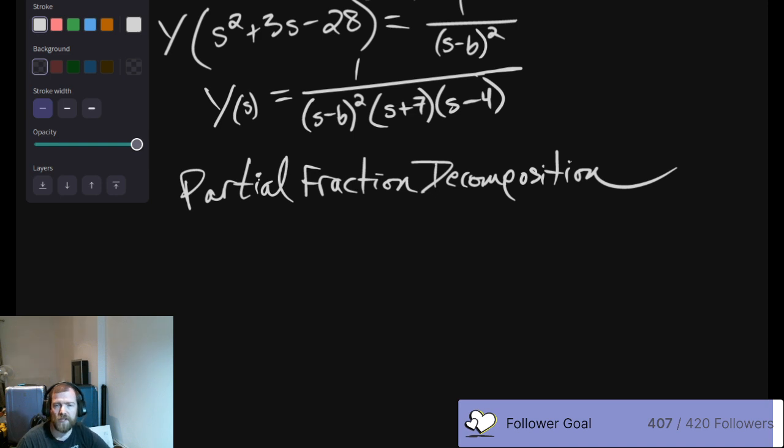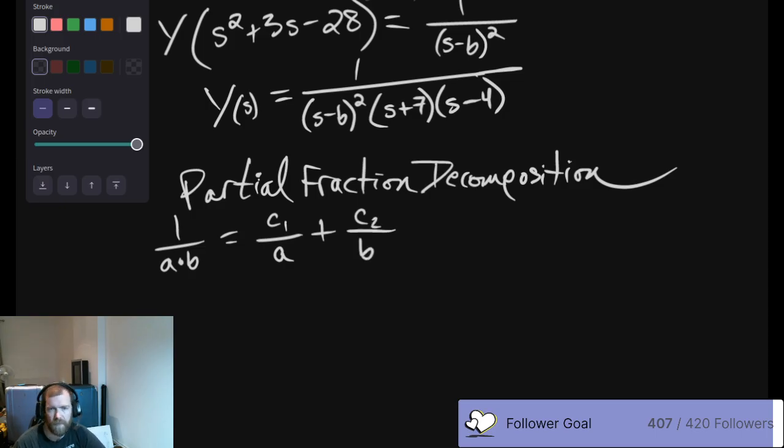So with partial fraction decomposition, what we're going to do is say, okay, if we have something that is 1 over a times b, we're going to get something that is a constant, let's do c1 divided by the a part plus constant c2 divided by the b part. And we could say that, hey, this is going to work no matter what. No matter how we do it, it's going to work in some way, shape, or form.